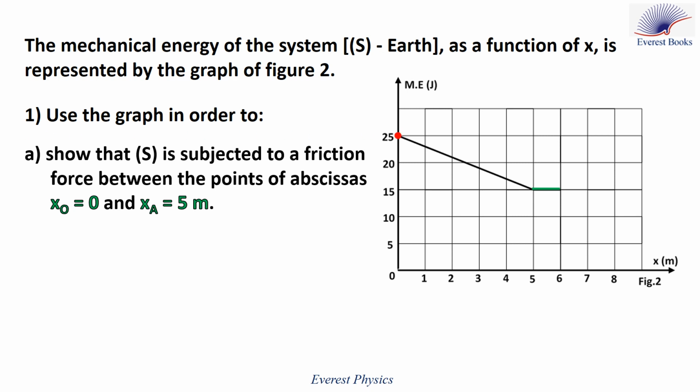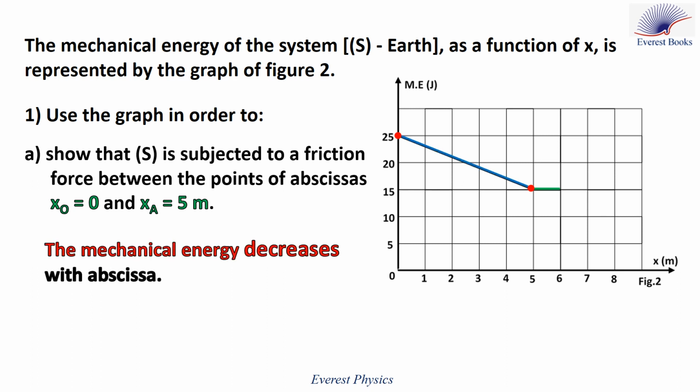For abscissa 0, the mechanical energy is 25 joules, and for abscissa 5 meters, the mechanical energy is 15 joules. Then, the mechanical energy decreases with abscissa. We know that the work done by the friction force results in a decrease in the mechanical energy. Then, S is subjected to a friction force.